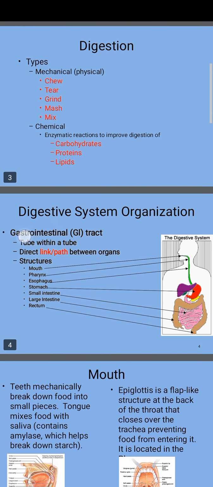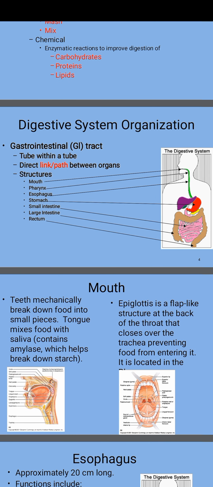Now going to the next point: digestive system organization. The gastrointestinal tract, GI, is a tube within a tube, a direct path linking the organs. The structures involved are the mouth, pharynx, esophagus, stomach, small intestine, large intestine, and rectum.